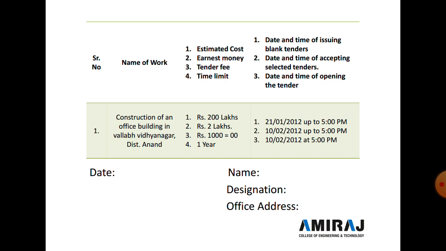Now see this demo: serial number, name of the work. A simple example is given: construction of an office building in Vallabh Vidyanagar, district Anand. Estimated cost, not EMD, is the total project cost, given as 200 lakhs.